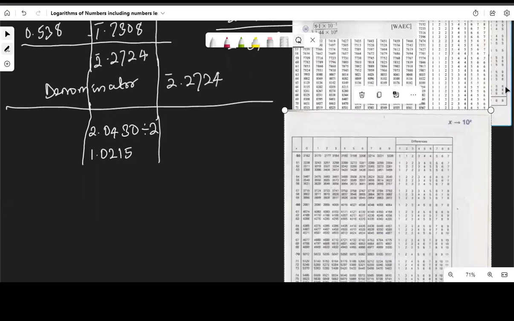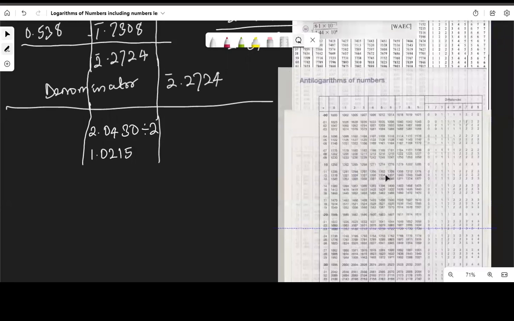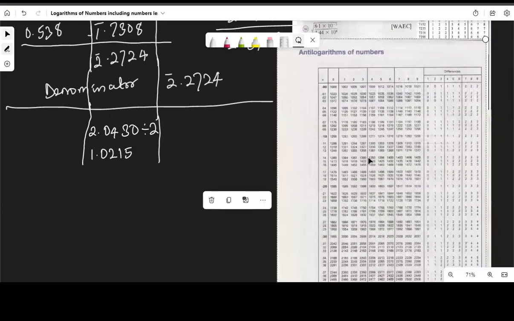The 0.2 is right here. 0.2 under 1 is 1060. The difference of 5.